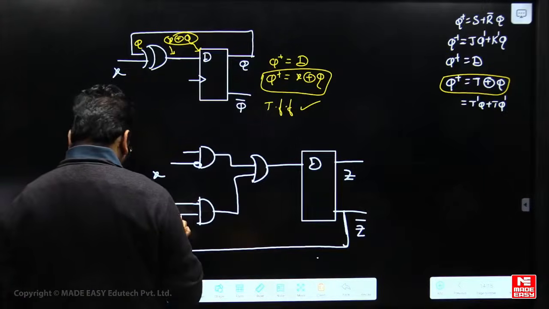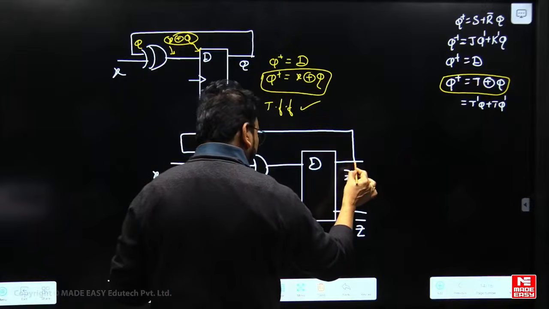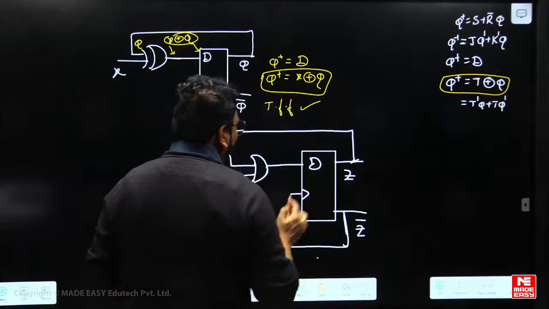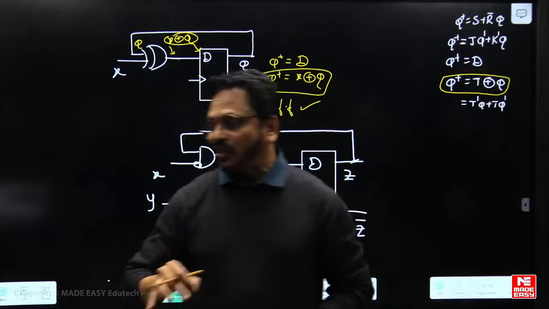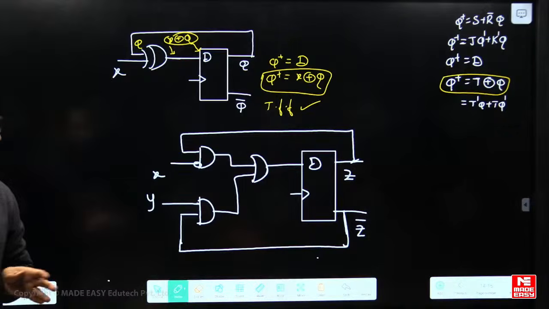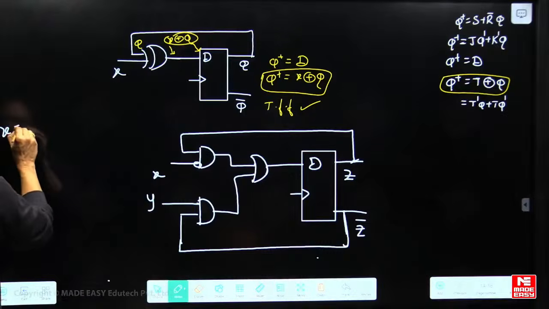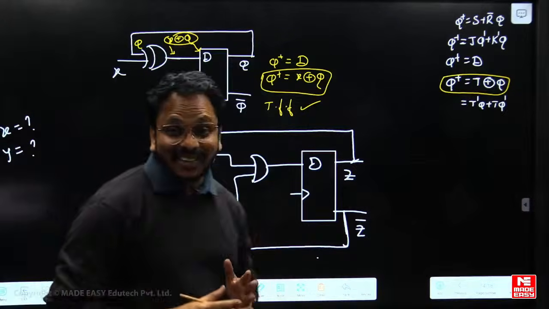This is the way they give the question. Of course, they connected from here. Now they are asking about the conversion of flip-flop, what is going to be the question. Now handle that and tell me. I think the students can handle that. Options they gave: what is X, what is Y, they asked. So now handle this question.